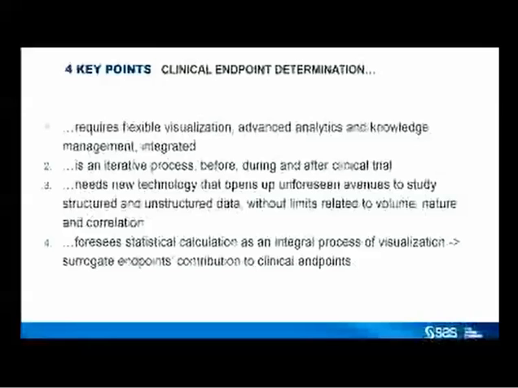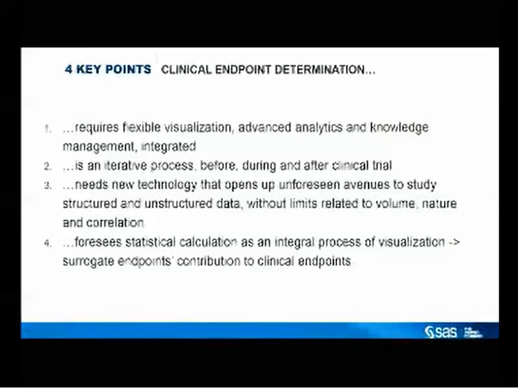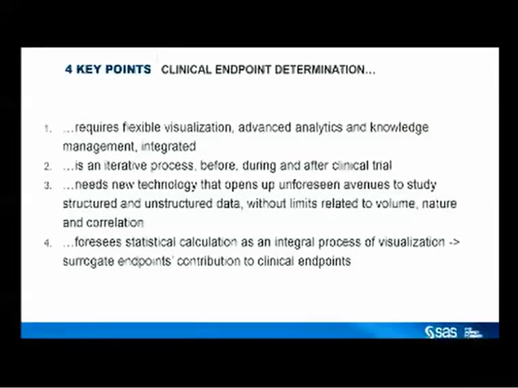Structured, unstructured, without limits to volume, by the way. So you can bring together all that hard-earned CDISC data. You can pull those SDTM data sets together for one particular project or a compound, or within neurology, oncology, and look at it at the same time and see what the effects are. I don't think we could do that 10 years ago. So I think it's a pretty exciting moment to be there.